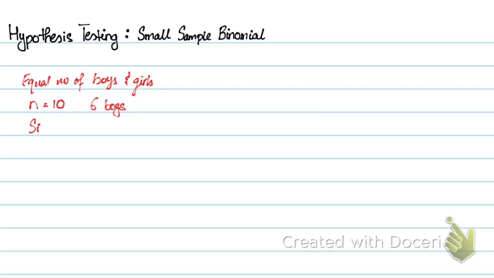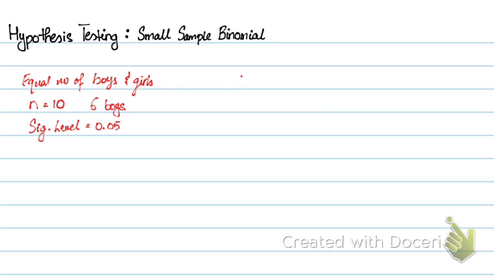So my significance level is 5%. Now step 1 is the same. You declare your null and alternate hypothesis.